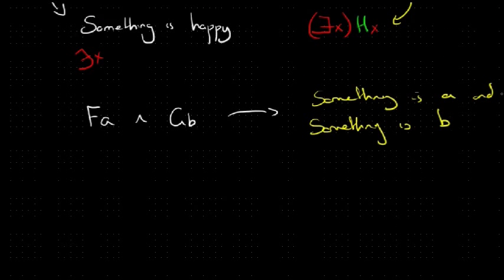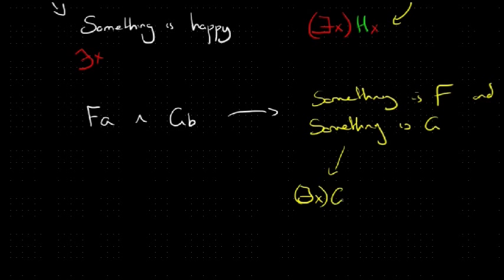We could end up with, on the one hand, there exists something and, sorry, not something is A and something is B. A and B were our constants, so something is F and something is G, sorry.